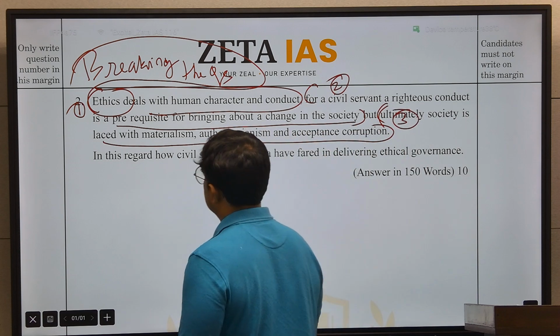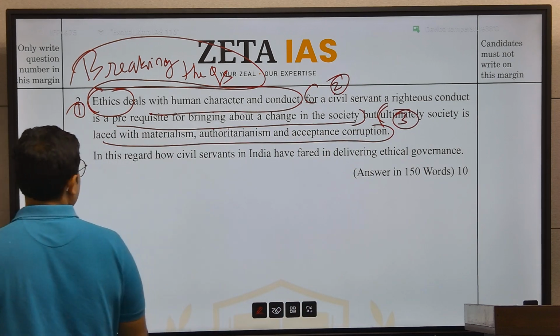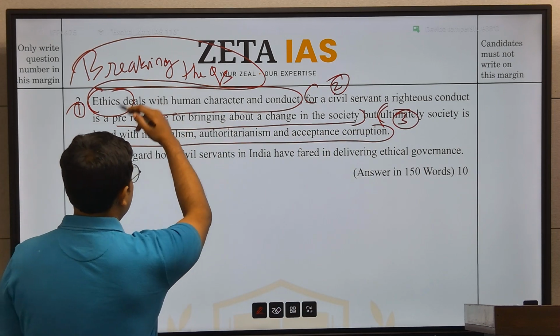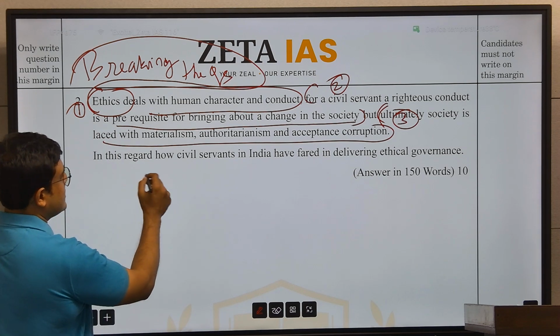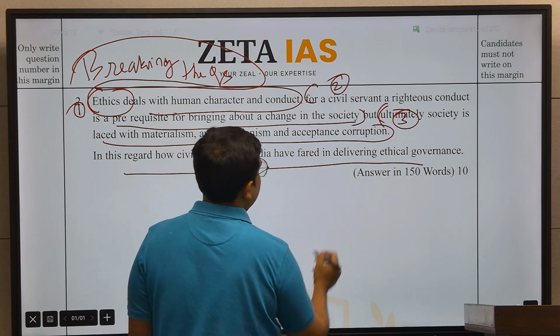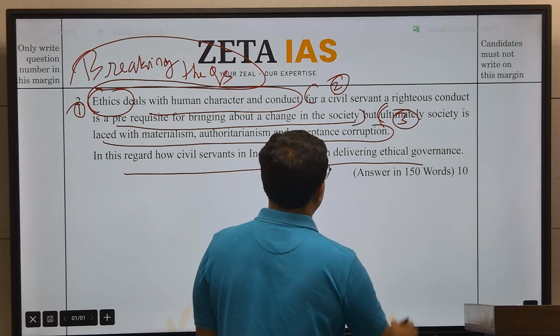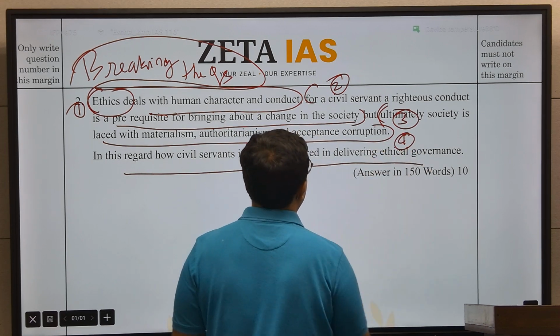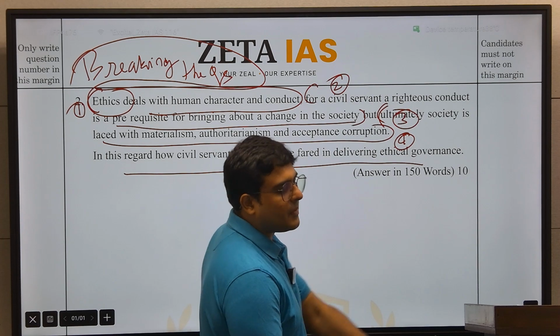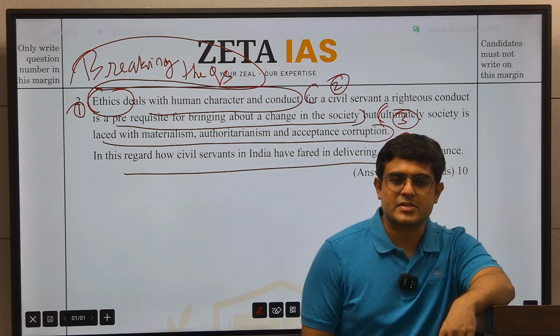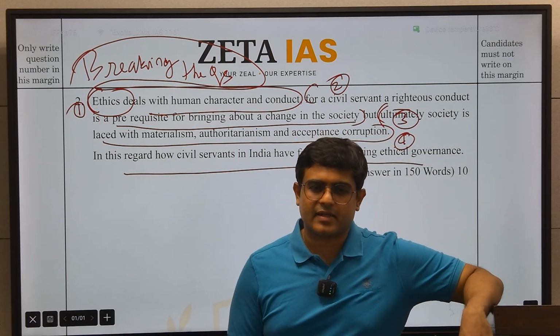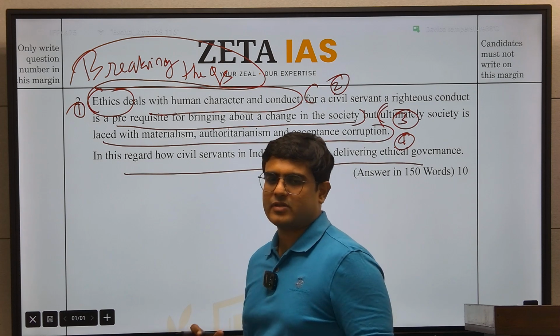Some societal issues are there. In this regard, you have to analyze how civil servants in India have fared in delivering ethical governance. So you have to analyze the performance of civil servants with respect to delivering ethical governance. So these are all the parts of the question.